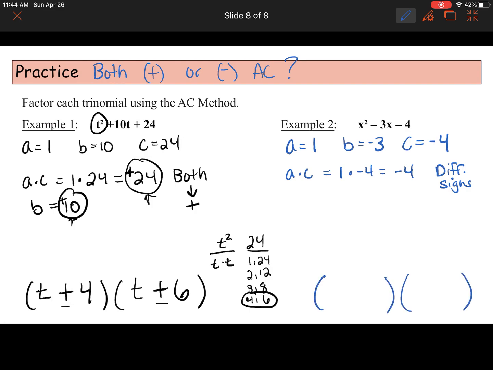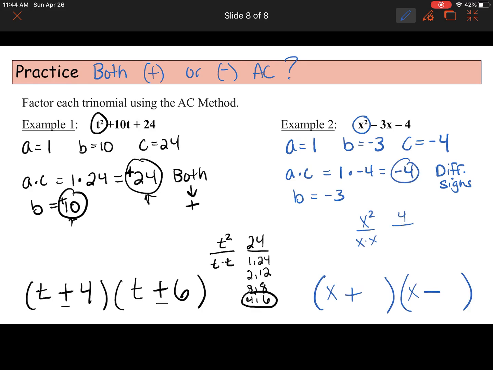So I'm going to put different signs in here. And my B is negative 3. So now I got to figure out what is going to go inside the parentheses. Well, my A is x squared, so we know that x squared is x times x. X and x.